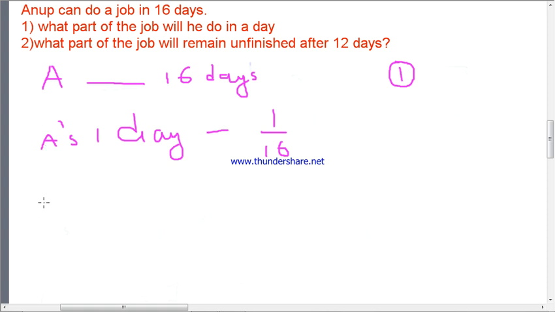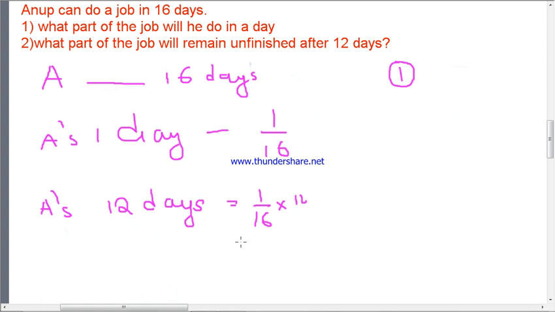And what part of the job will remain unfinished after 12 days? So Anup is working not just for 1 day, but for 12 days. Anup's 12 days work will be what? Similarly, 1/16 multiplied by the number of days he worked, that is 12.